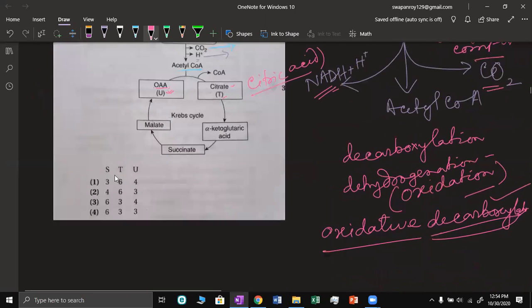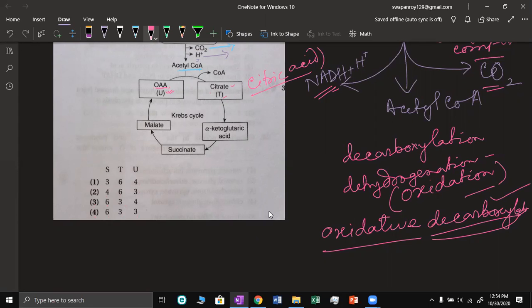Options are given like this: S, T, U and 1, 2, 3, 4. First option, S is 3, T is 6, U is 4. Option 2, 4, 6, 3. Option 3, 6, 3, 4. Option 4, 6, 3, 3.